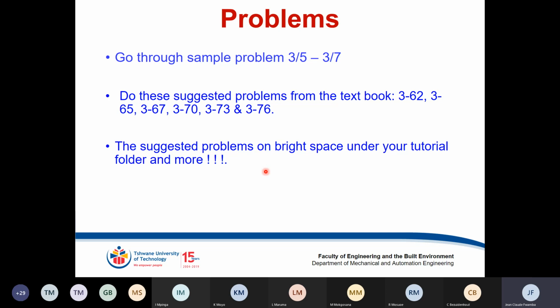So the more problems you do in each module, the more comfortable you'll be, right? When we set up these assessments, we draw from these problems. So someone who takes the effort to go through them will be at peace, will be comfortable.